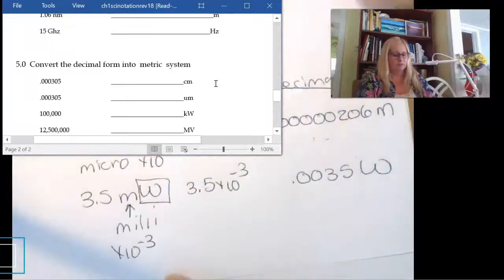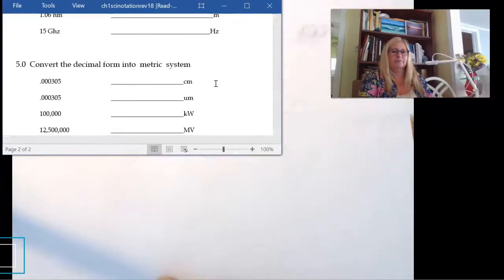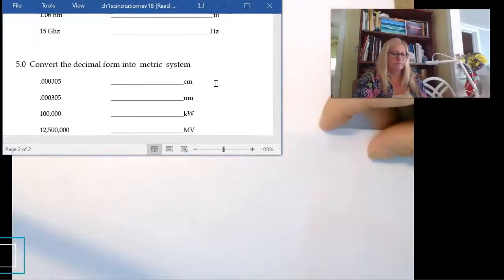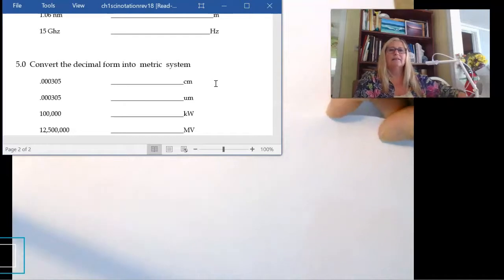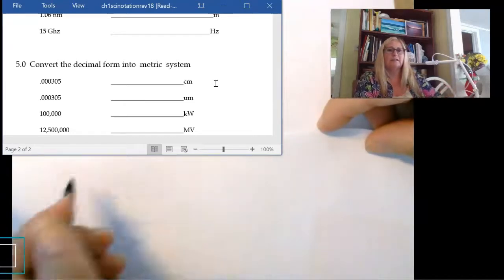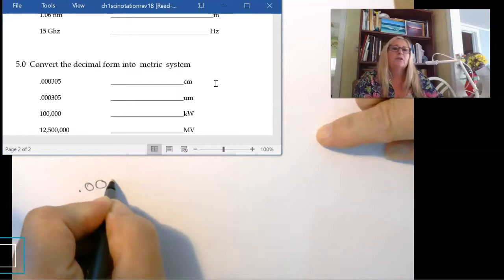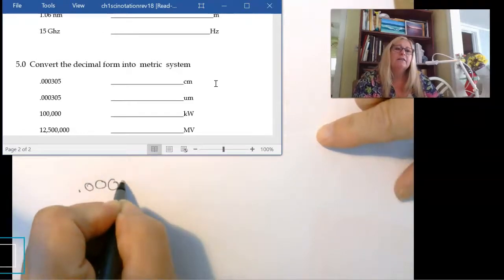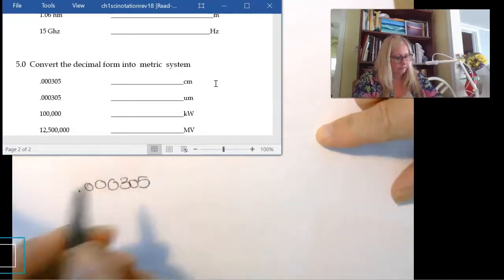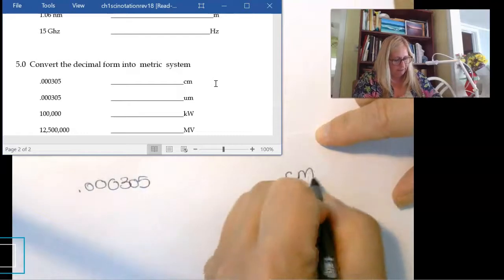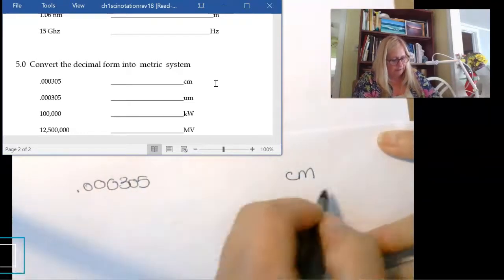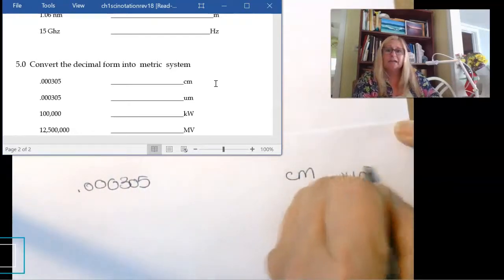So let's look at that number. Let's just do the first one. So if I have 0.00, is it three of them? 305. And we want to put that into centimeters. So centi means times 10 to the minus 2.